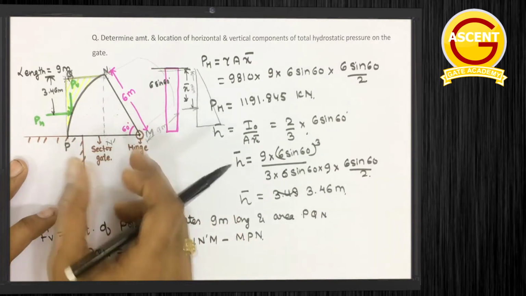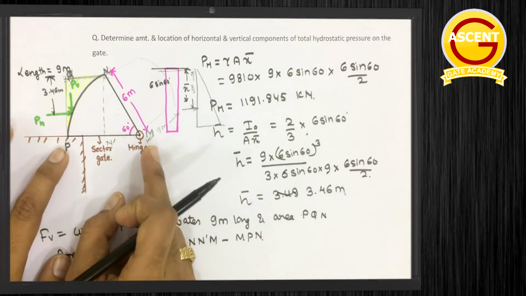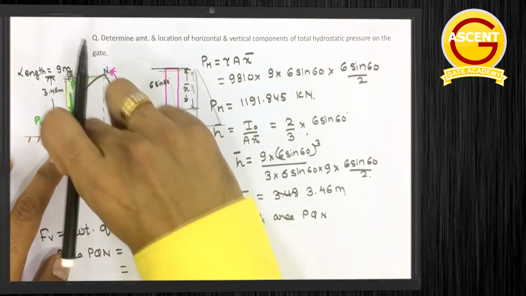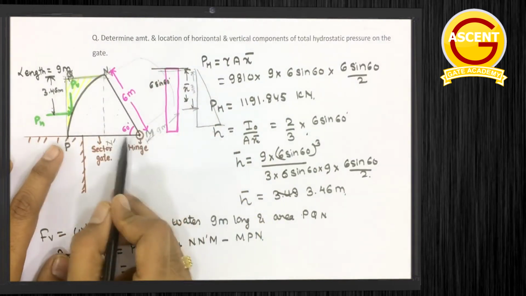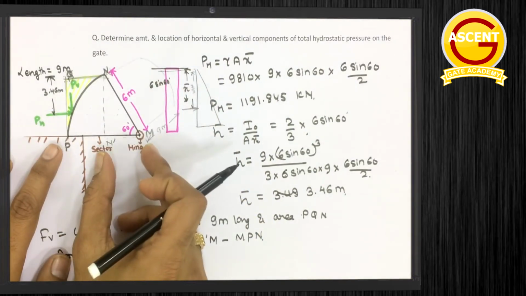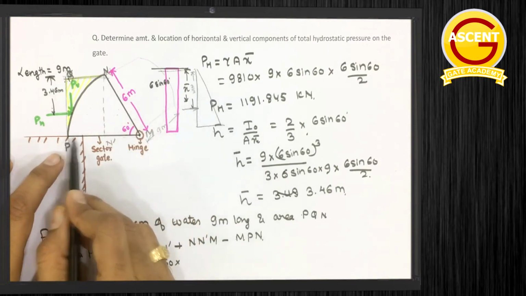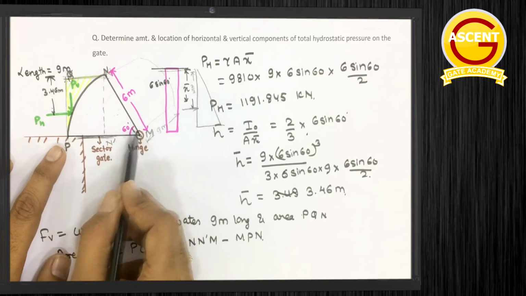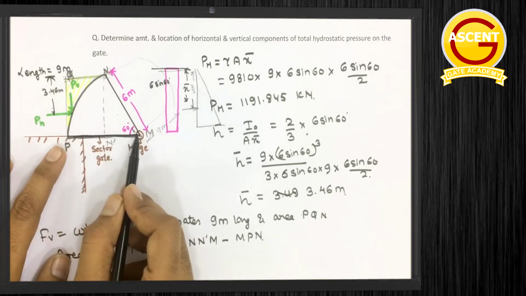This total distance MP can be written as 6 cos 60 minus... MP is 6 meter, because this is the radius, this is 6 meter, this is also 6 meter.